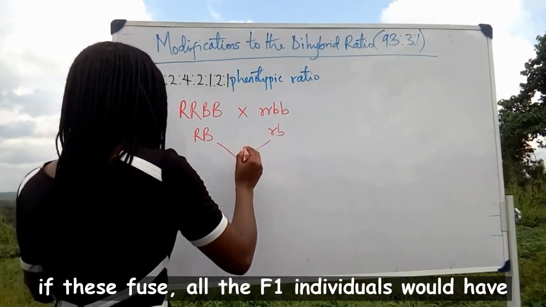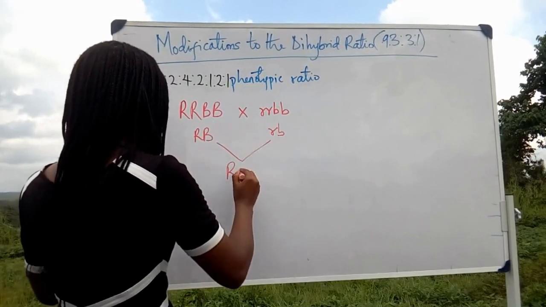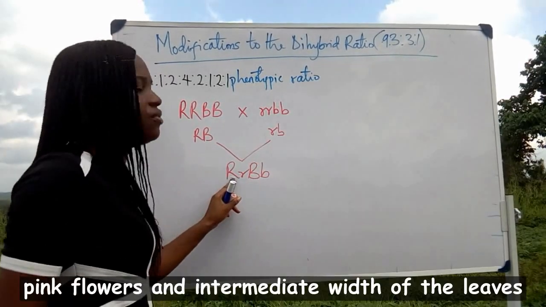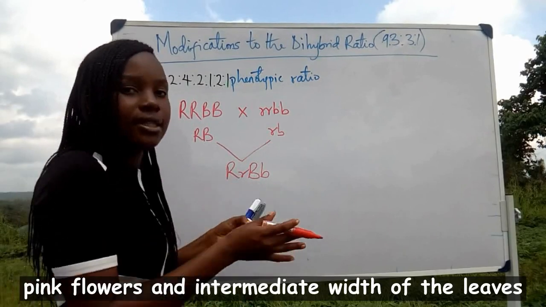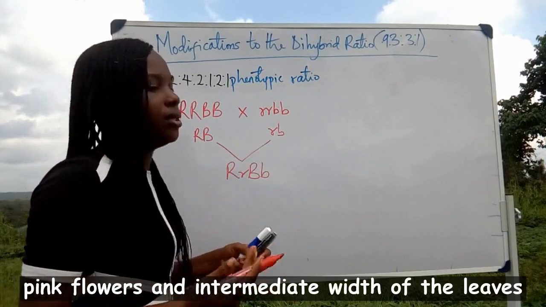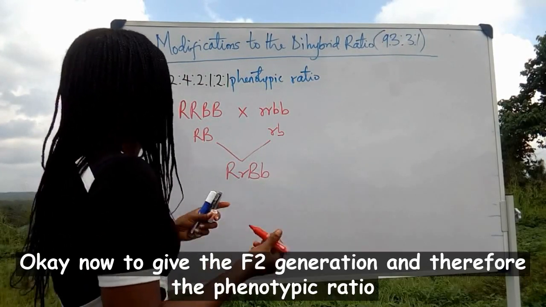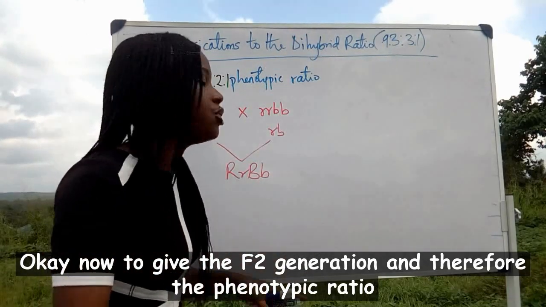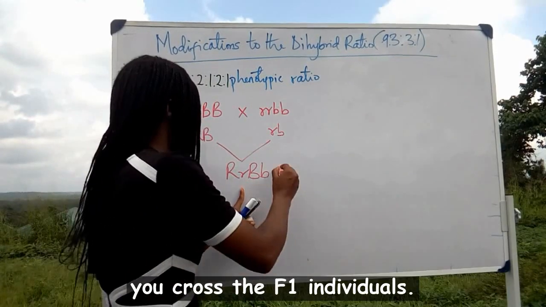So if these fuse, all the F1 individuals would have pink flowers, an intermediate width of the leaves. Okay, now to get the F2 generation and therefore the phenotypic ratio, you cross the F1 individuals.